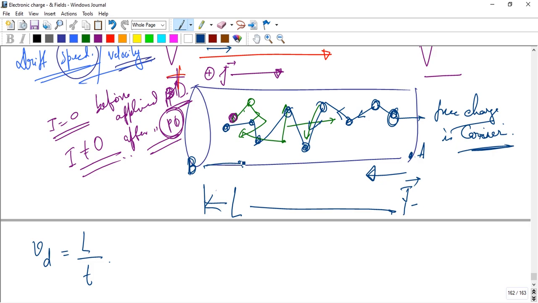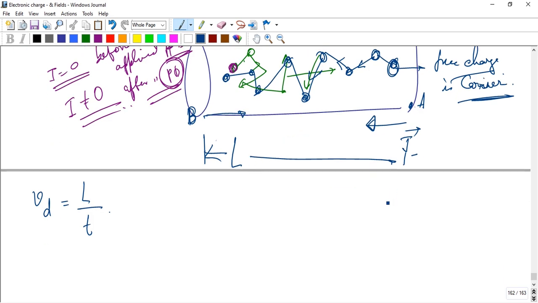Suppose N is the number of charge carriers per unit volume, either positive or negative.